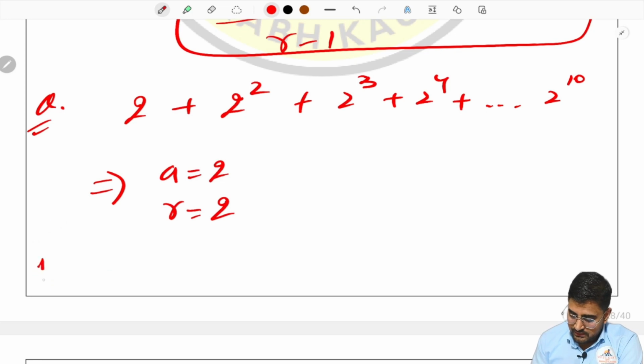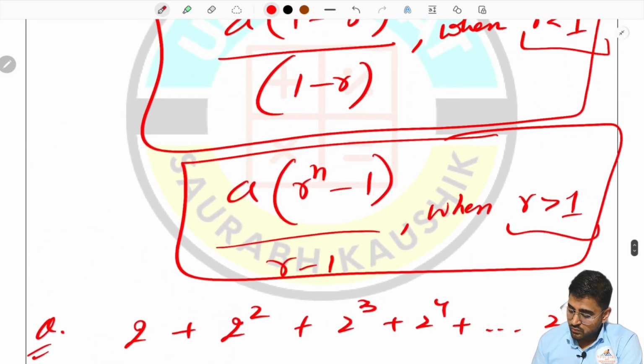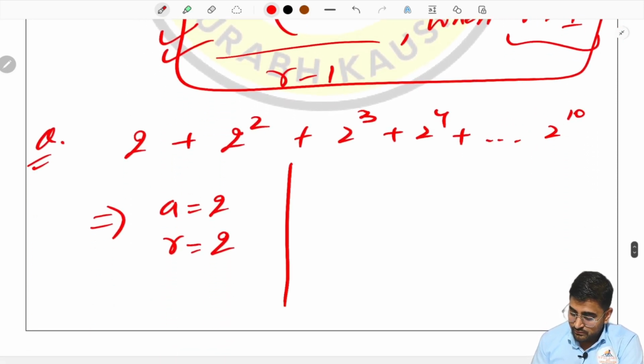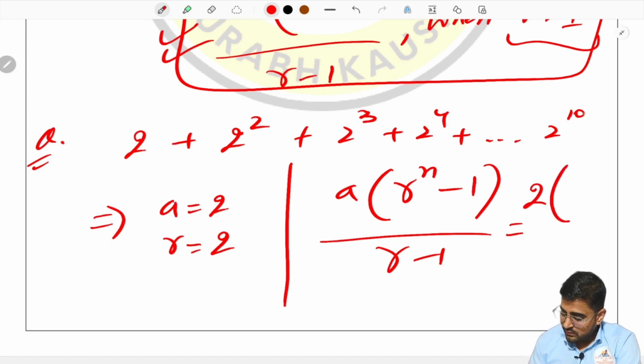It means the ratio is higher than 1. So which formula do you have to apply? Higher than 1, so this one is to be applied: a times r to the power n minus 1, divided by r minus 1. What is a? A is 2. What is r?